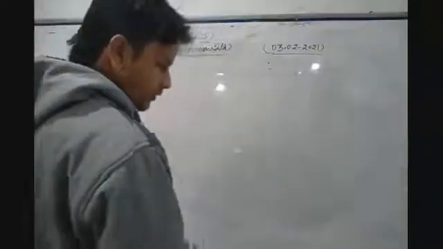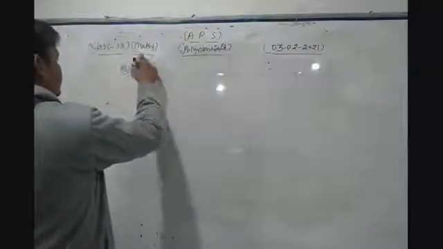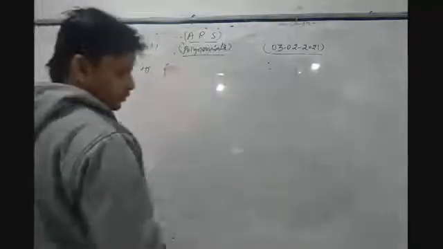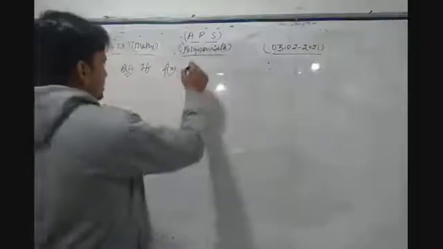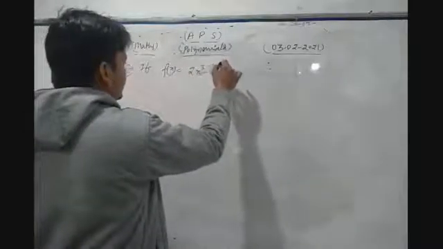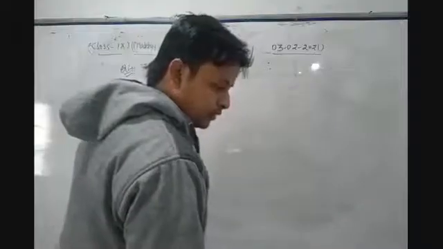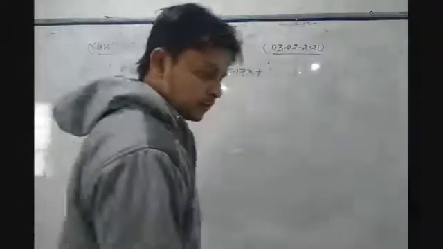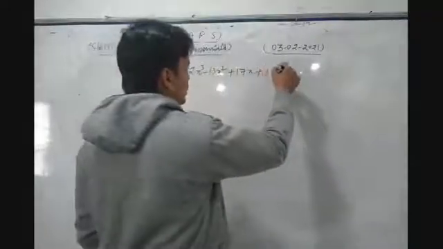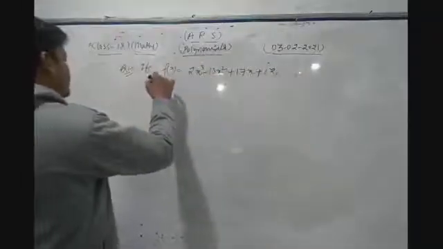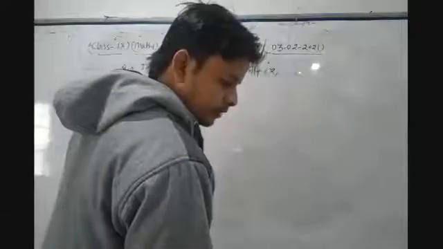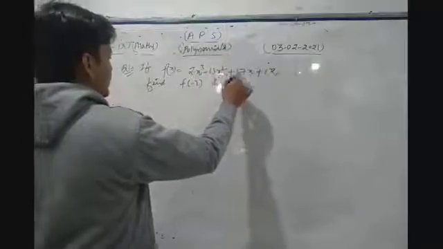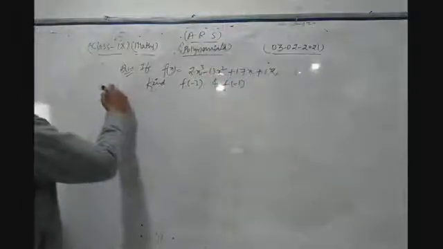We take a question: if a polynomial f of x is equal to 2x cube minus 13x square plus 17x plus 12, find f of minus 3 and f of minus 1. Now let's make the solution.